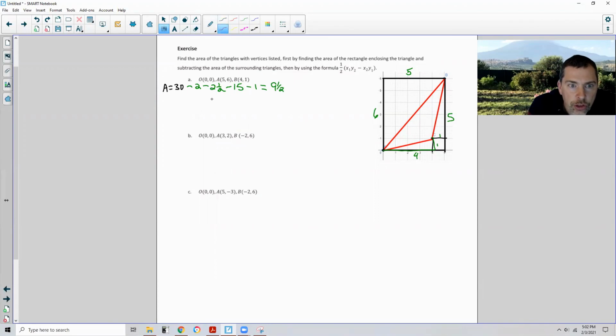So watch. I do have one of the vertices at the origin. We need that.